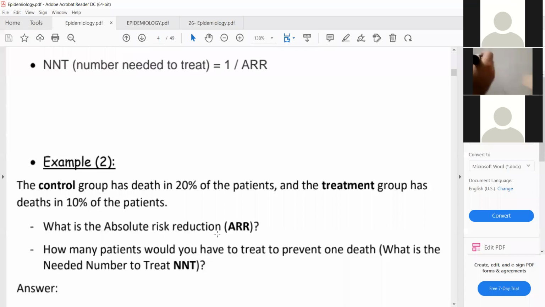So ARR is the absolute risk in the control group minus the absolute risk in the treatment group.